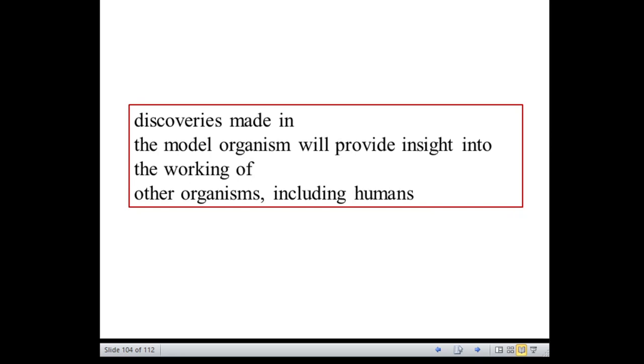So as I said, each species has its own advantage and disadvantage.